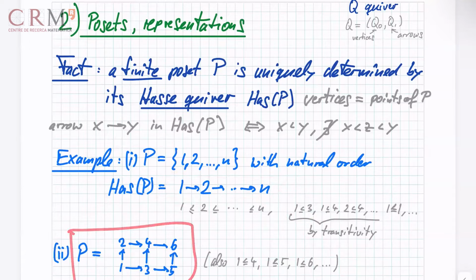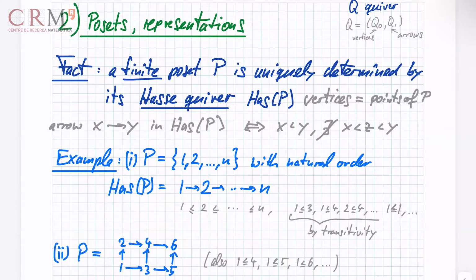If I have now, this is like a discrete version of a few points in my poset R2 that we had a minute before. So I can take the poset whose Hasse quiver is this one. 1 goes to 2 and 1 goes to 3 and both go to 4.